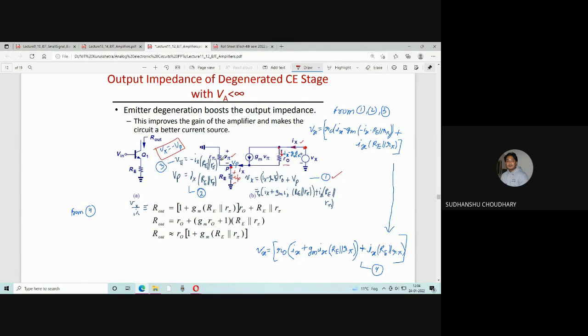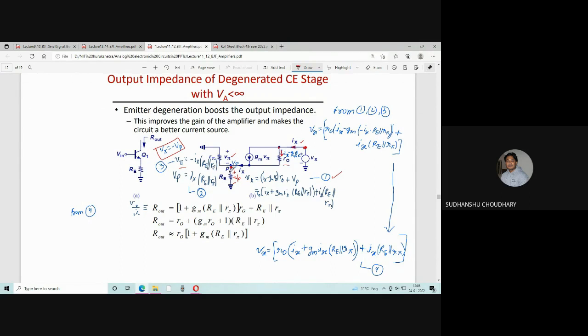So V pi one can write as minus Ix times Re, sorry, not Re by R pi, Re parallel to R pi.